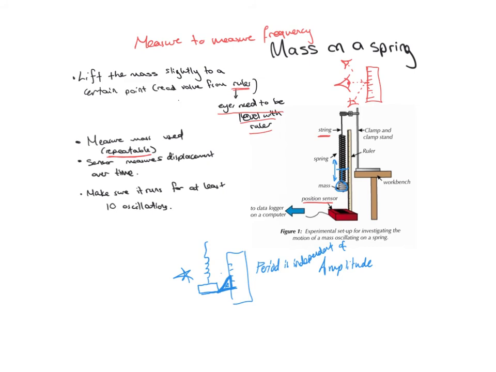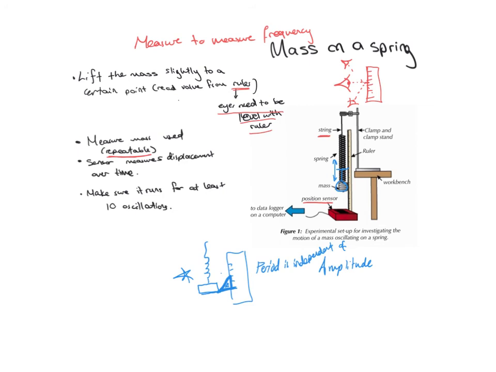You could change the weight of the mass, you could change the stiffness of the spring, or you can even change the size of the initial displacement, which you know shouldn't change the period anyway, but that's an investigation still. You will find that the heavier mass actually takes longer for a complete oscillation, so it has a bigger time period.